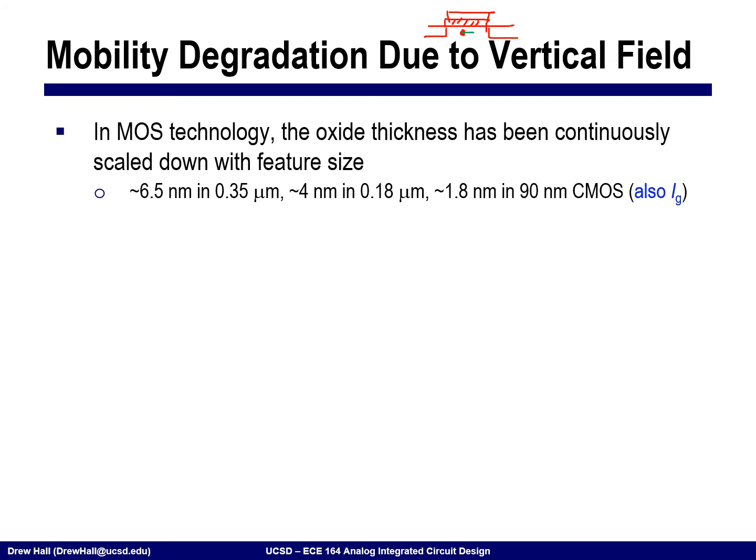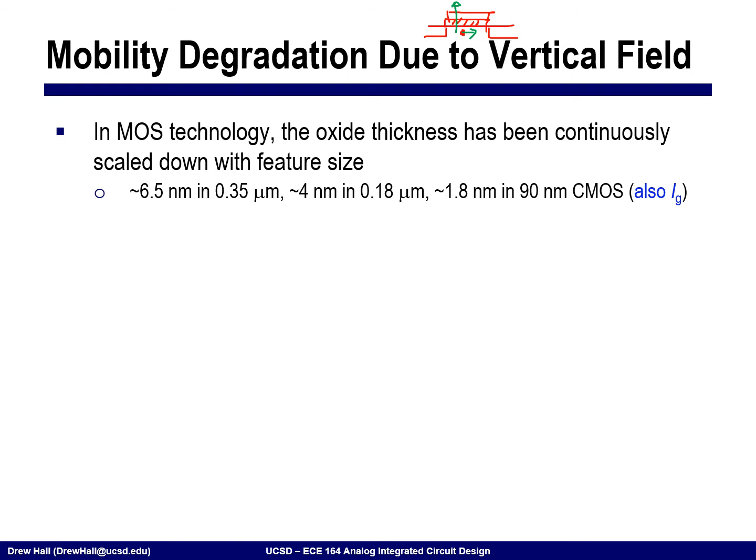The horizontal electric field is moving the carriers from the source to the drain. However, we've inverted this channel, and in doing so, we're trying to pull these carriers up. And so there's a vector that's acting on these particles, partially in the horizontal plane as well as the vertical plane. Okay? And this has been getting worse.